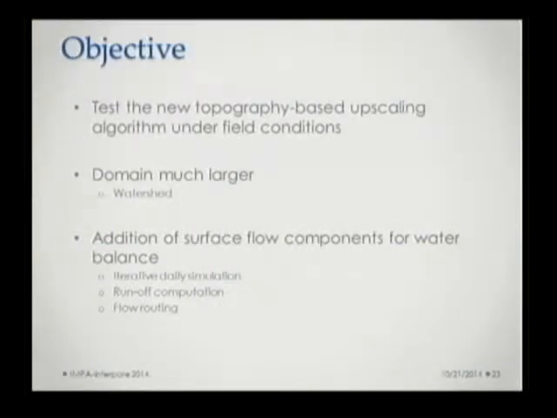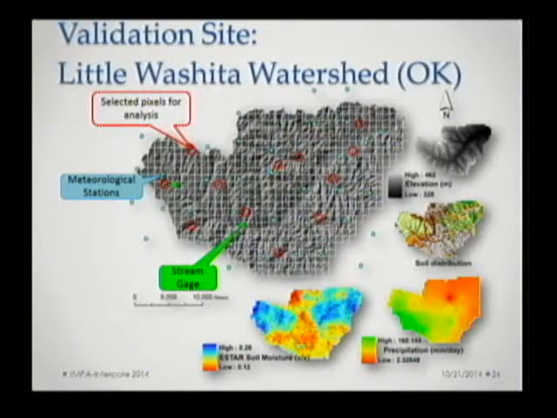So this domain was much larger. The earlier toy examples were of 1 kilometer size, the whole domain. And we also added surface flow components, which were not included in the original cases. Right, so this was the domain.